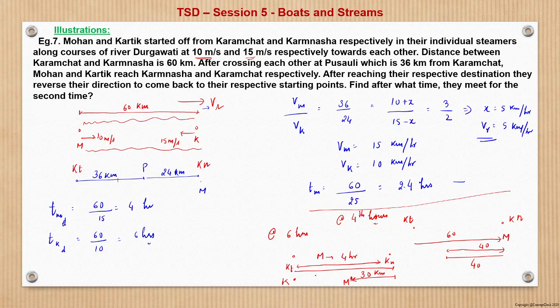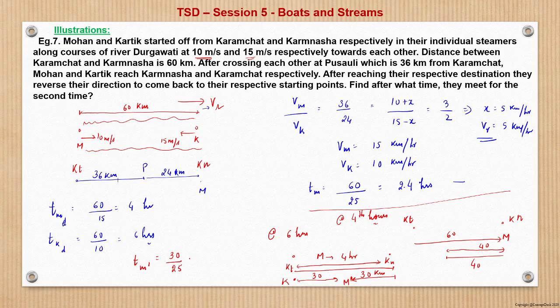So now what is the time when they meet for the second time? The remaining distance is nothing but 30 kilometer, and they are now moving in opposite direction. So time taken to meet for the second time, Tm dash, will be 30 upon what? Relative speed will be again 15 plus 10, which is 25.